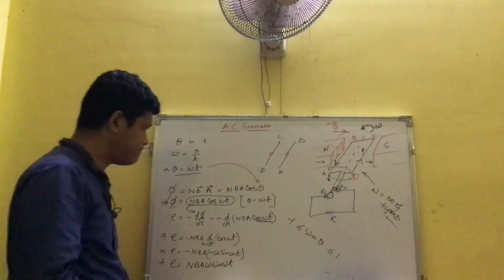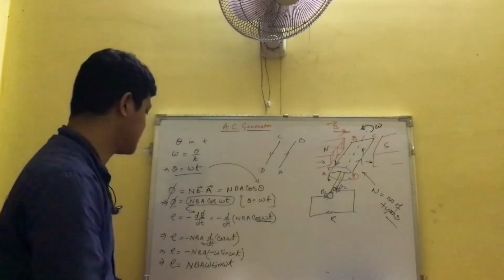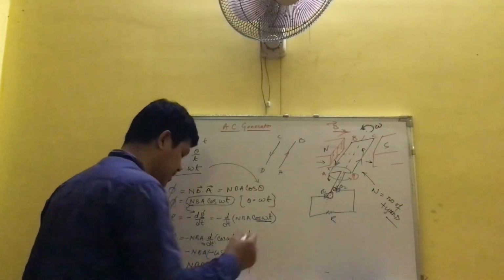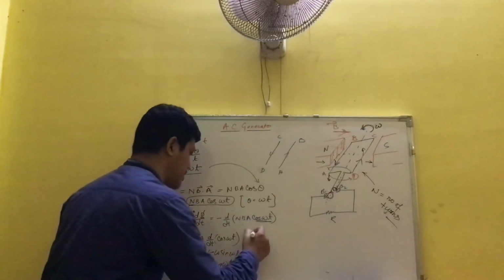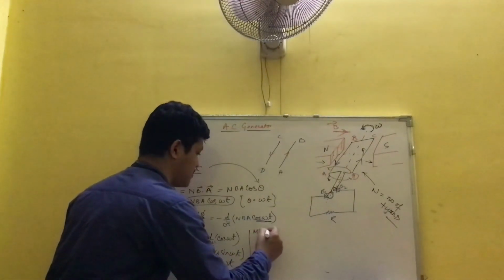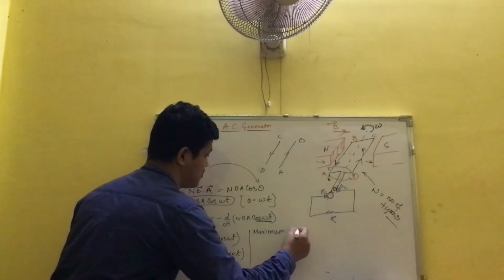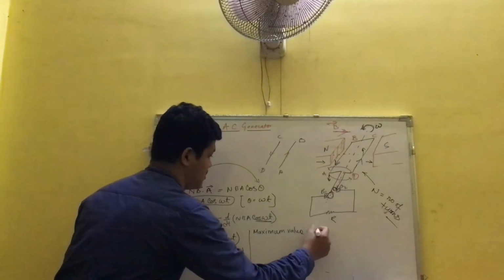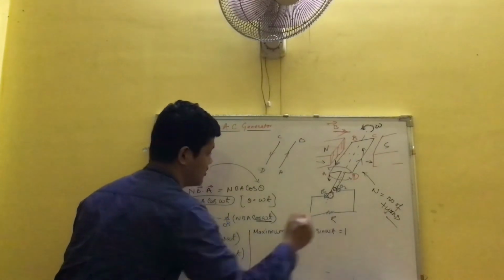So that's why we can write the maximum value of sin omega t is equal to 1.